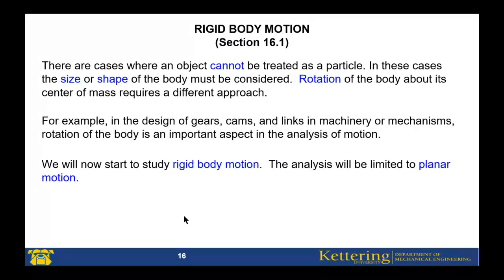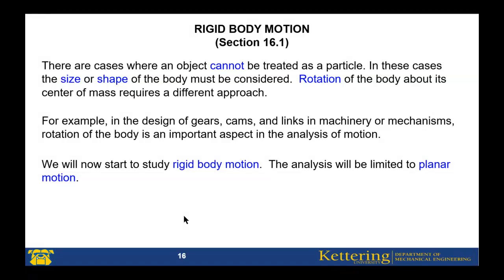We start the rigid body motion. We limit our study to planar motion. Planar motion means that, for example, if we have this reference plane, the motion happens on this plane or on one plane that is parallel to this one. Okay?